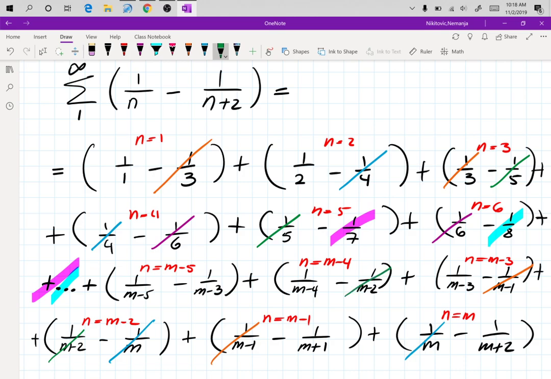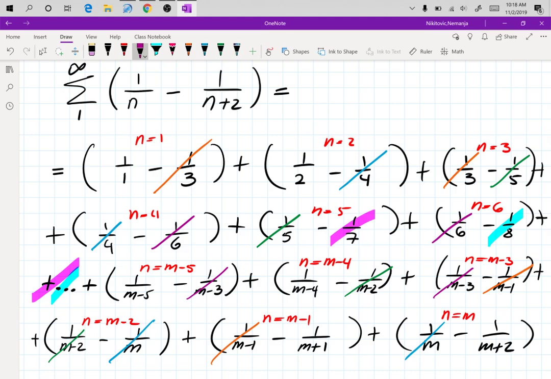Here is m-2, good. I have m-3 canceling as well. As soon as you hit, going forwards, the parenthesis that cancels both, it's guaranteed to cancel everything afterwards. Going backwards, as soon as you hit a parenthesis canceling both, it's guaranteed to cancel everything else.